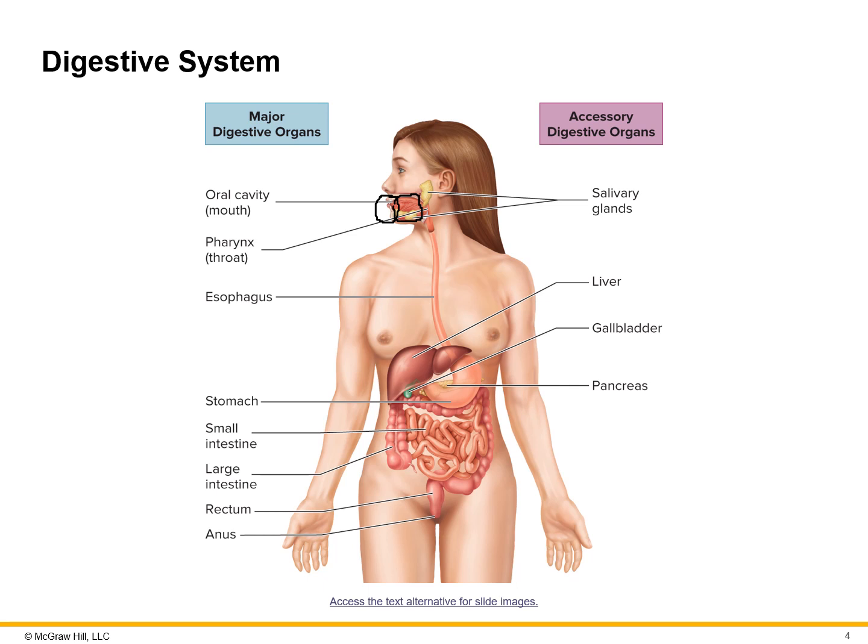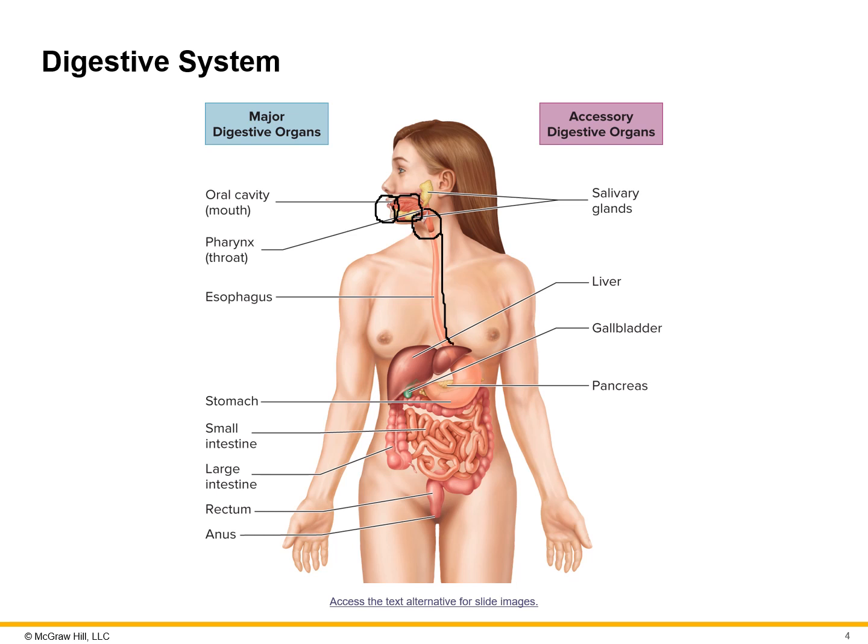From there, you're going to go into your throat area, which is essentially the back of your mouth and the throat area through the superior portion of the neck. From there, you have this connecting tube that's going to go down through your thoracic cavity, which is the esophagus right here.